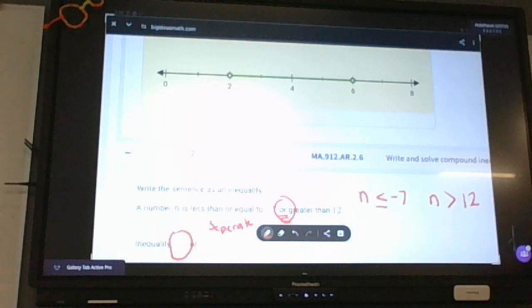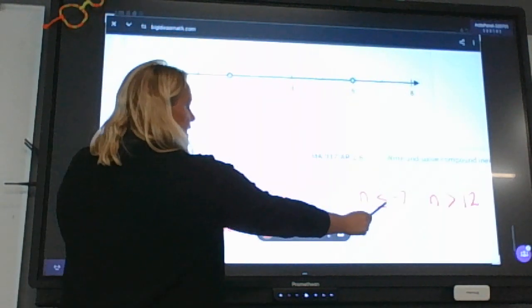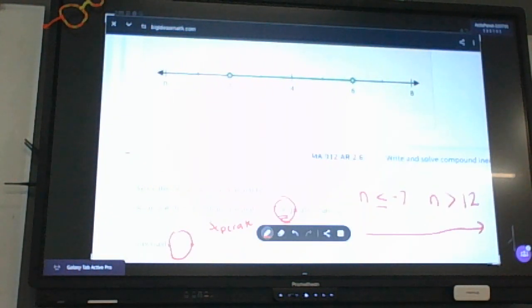What I'm noticing is that the first one says equal to, it's got the line, and the second one doesn't. So when I graph this, I will need one closed dot, and the other one is an open circle.